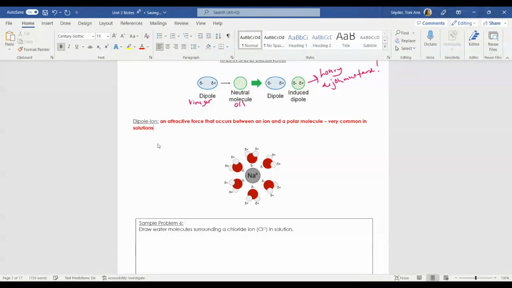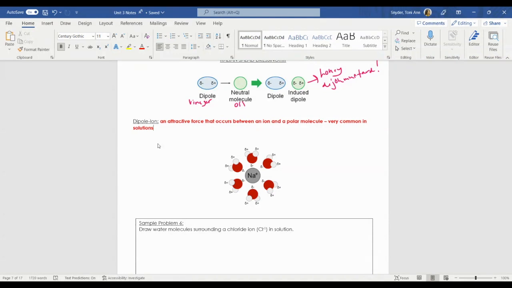Now, in fact, dipole-ions tend to be some of the strongest intermolecular forces. And sometimes you'll hear me say hydrogen bonding or London dispersion is the strongest. It all kind of depends. Dipole-ion might be the strongest because ions aren't necessarily considered molecular.